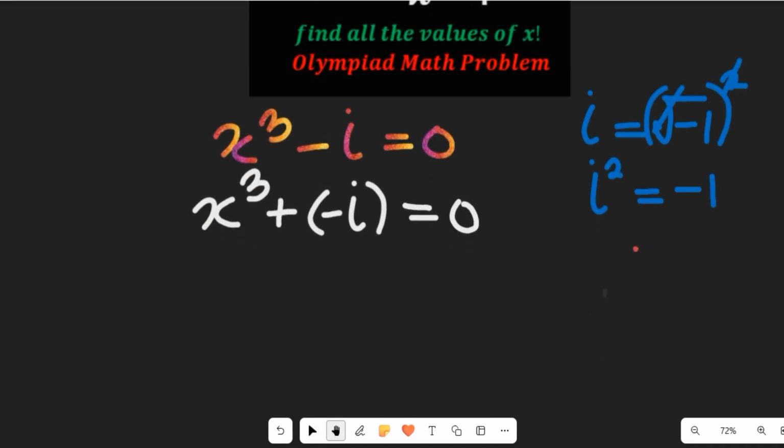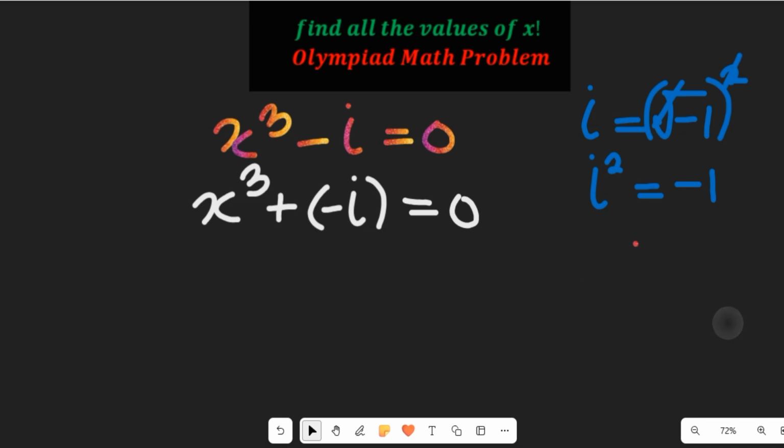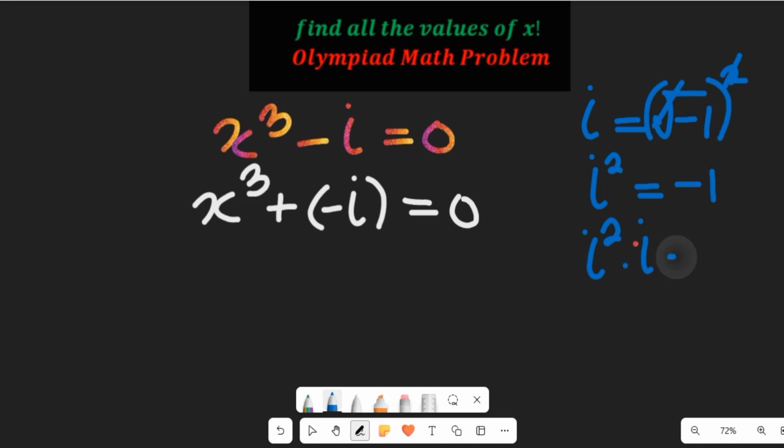Now, if I have i squared multiplied by i, this is negative 1 multiplied by i. According to indices, i squared multiplied by i to the power of 1 gives i to the power of 3, and this is equal to negative i.